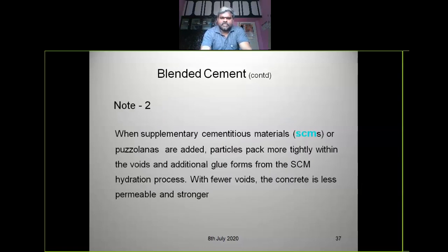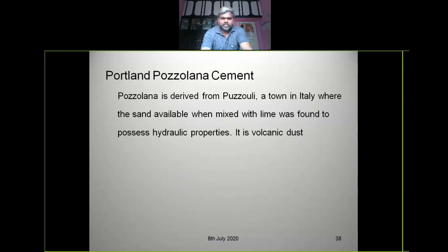When supplementary cementitious materials, SCMs or pozzolanas, are added, particles pack more tightly within the voids and additional glue forms from the SCM hydration process. With fewer voids, the concrete is less permeable and stronger.